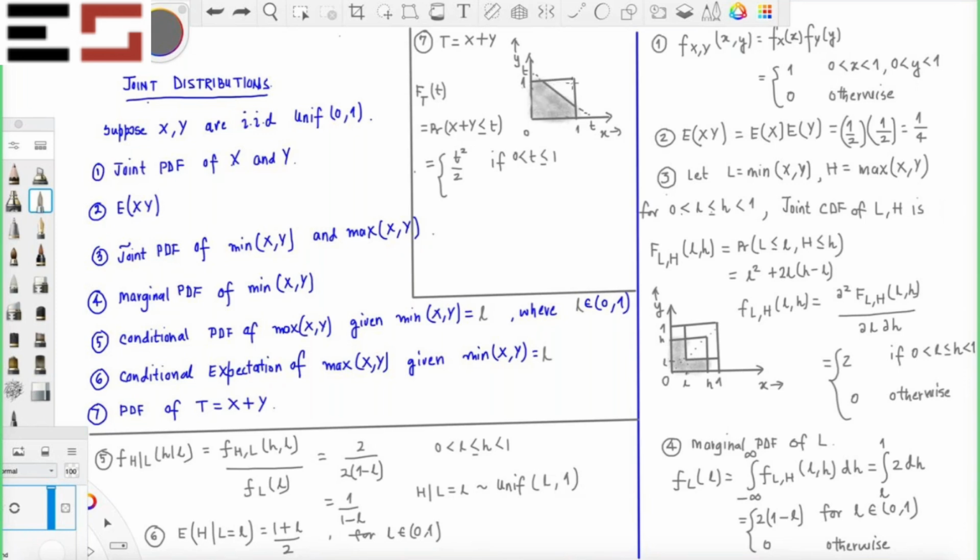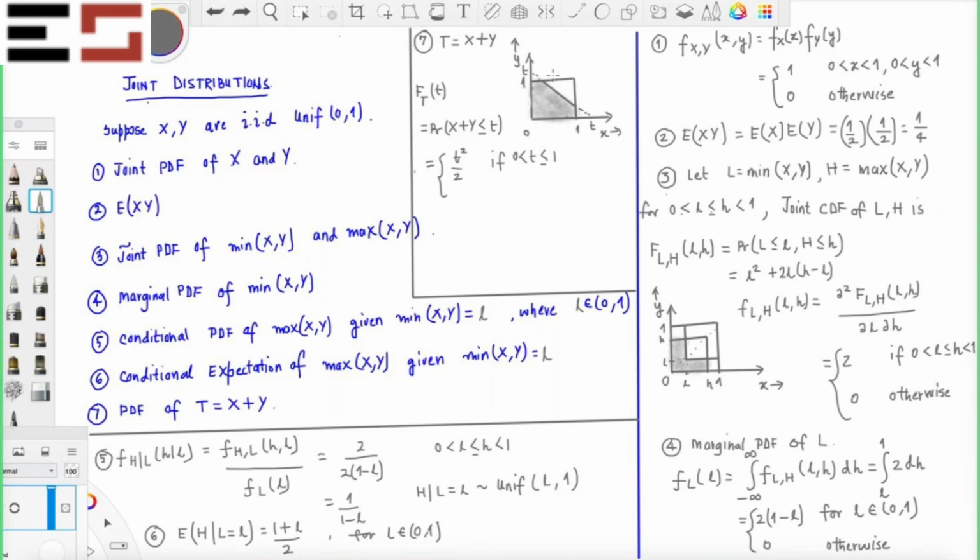Okay, so what is the area of this triangle? For that, I need to know this length. Now notice that this is t minus 1 and this is a 45-degree line. So this is also t minus 1. And this is 1. So what is 1 minus t minus 1? It's 2 minus t, right?